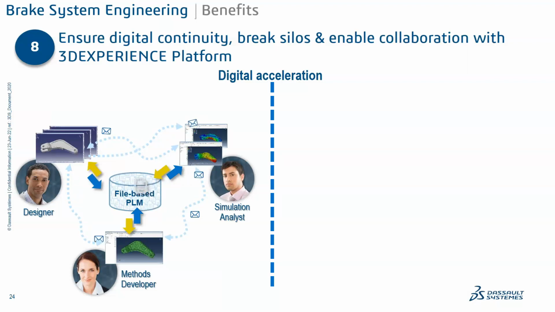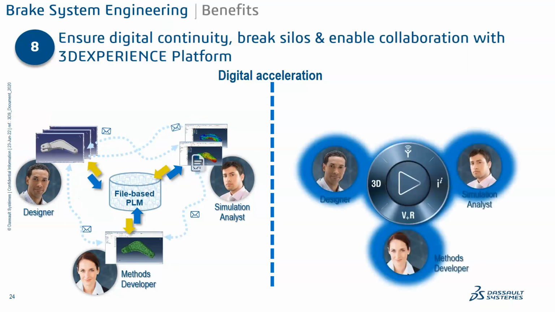Our users can all work on the same data set in real time, and CAE teams especially can work on validating designs in a digital environment. And all disciplines now see the same digital mockup of the brake system and vehicle. This improves productivity significantly and eliminates a lot of to and fro communications, which again improves your productivity and eliminates any non-value added tasks.